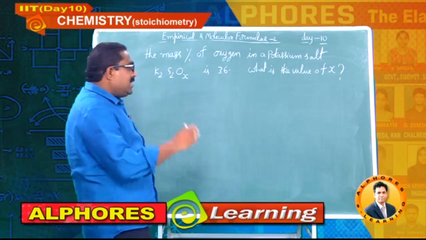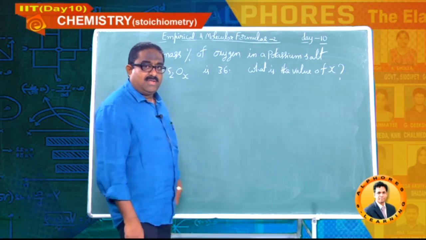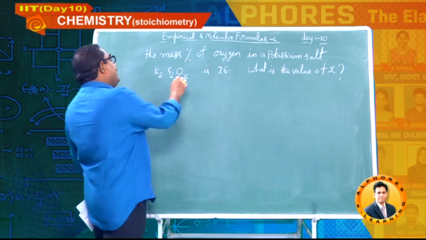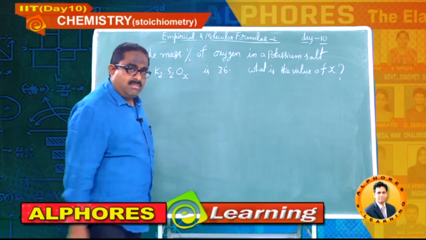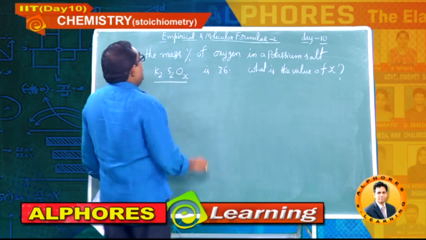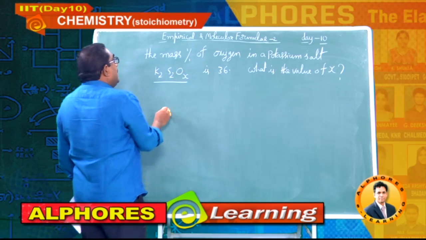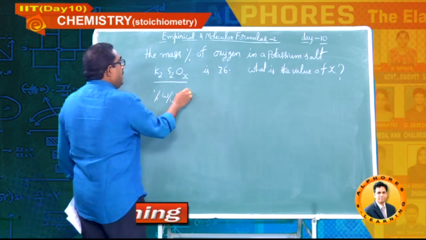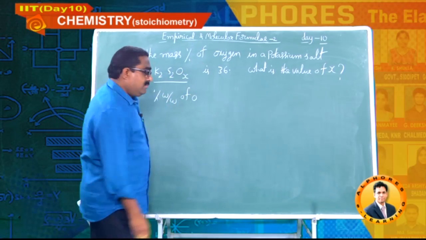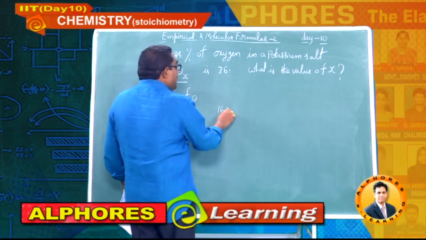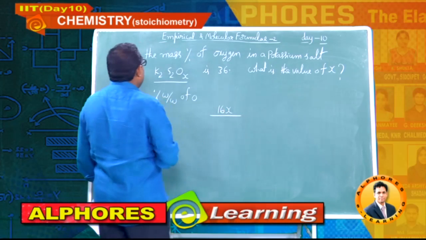This question is based on the simple mass percentage approach. How do you calculate the mass percent of an element? Mass of that element divided by total molar mass, right? Here, x oxygens are there, I am writing the mass percent of oxygen. Atomic mass of oxygen is 16, so 16x.